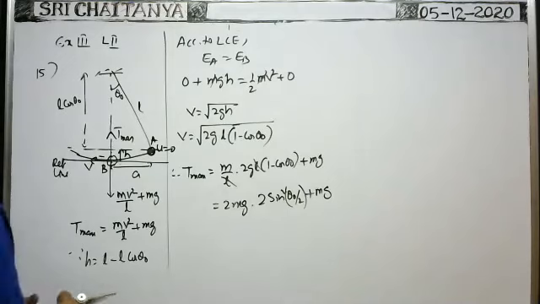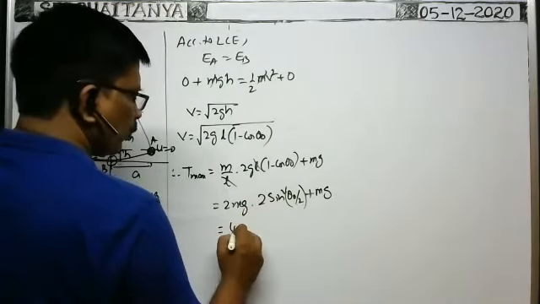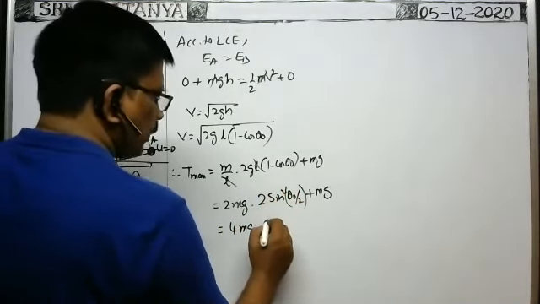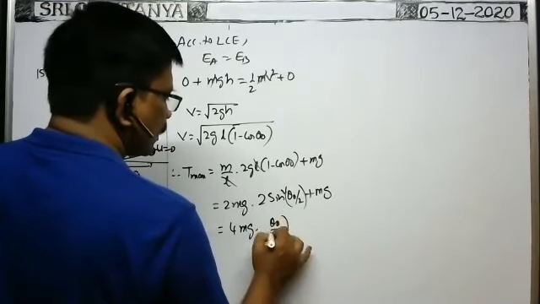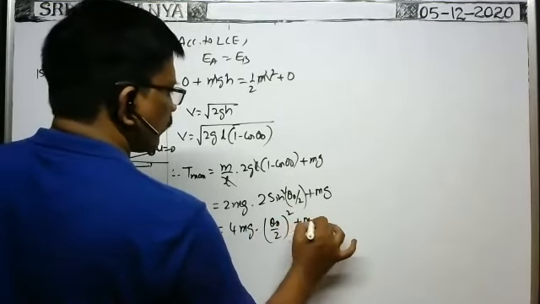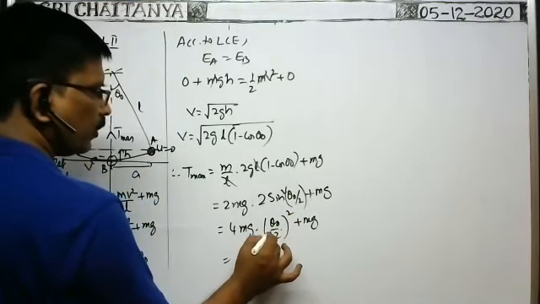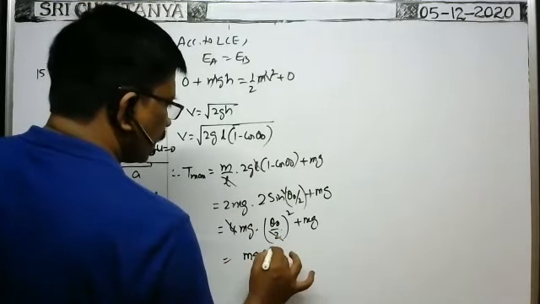Whenever theta naught is very small, as in simple harmonic oscillations, the 2 twos are 4. 4mg into, as theta naught is very small, sin theta naught by 2 can be written as theta naught by 2 only, but the square is there. That's why you write the square, plus mg. Here, as the square is there, it becomes 4. This 4 and this 4 cancel. So mg theta naught square plus mg.